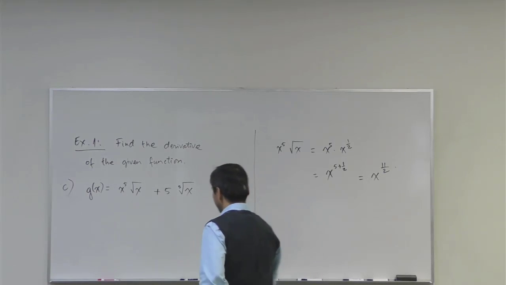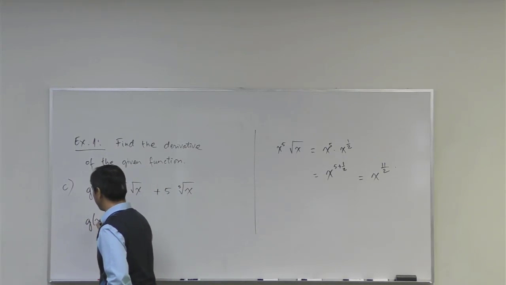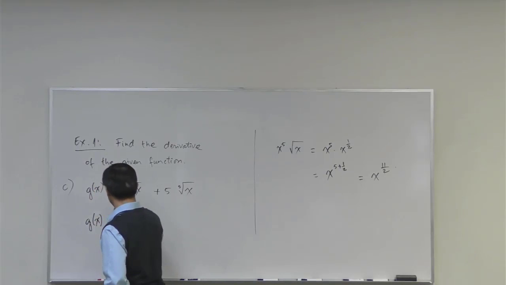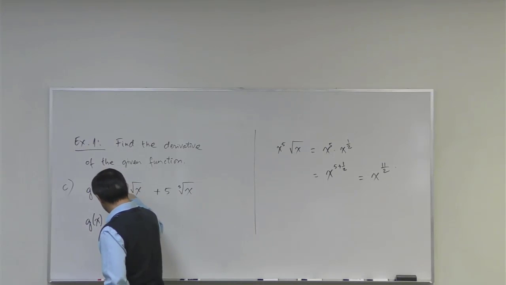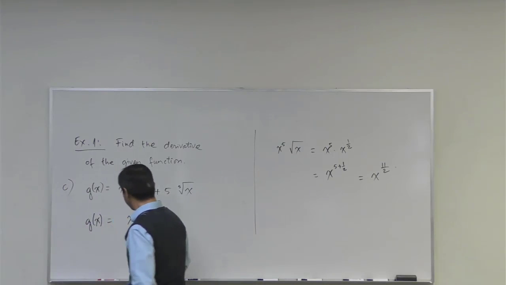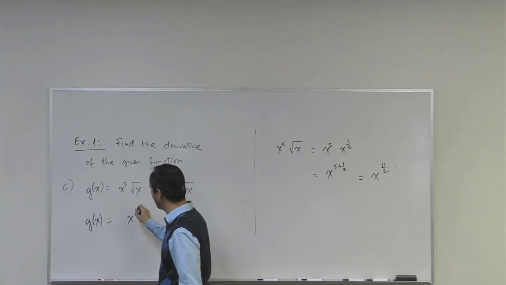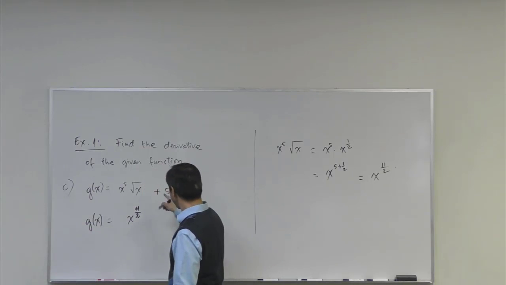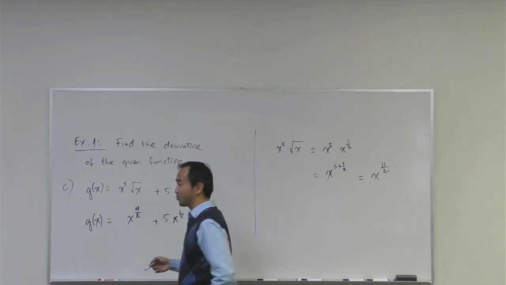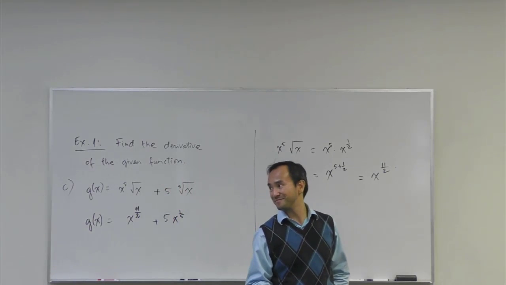So that means the first term, and I'm not doing the derivative yet, I'm only re-expressing it algebraically. The first term, x to the 5th times the square root of x, looks completely complicated at first, but now we realize it's simply x to the power 11 over 2. You will need that. And then the next one is the coefficient 5, and I can rewrite the 5th root of x as x to the 1/5 power, similar to the square root problem that we did earlier.